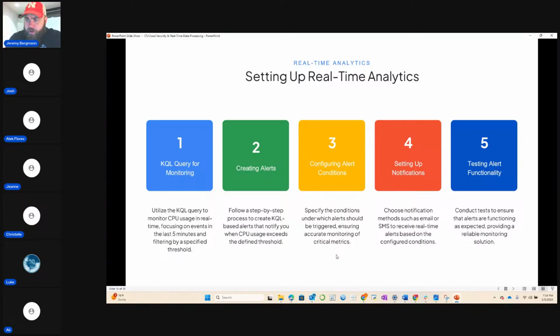Or sometimes it's just a one-time event that doesn't happen again. Being able to track those is important, but maybe it doesn't warrant an alert to be triggered. Setting up appropriate notifications, and then testing that functionality to make sure it's not crazy and it's a reasonable alert.